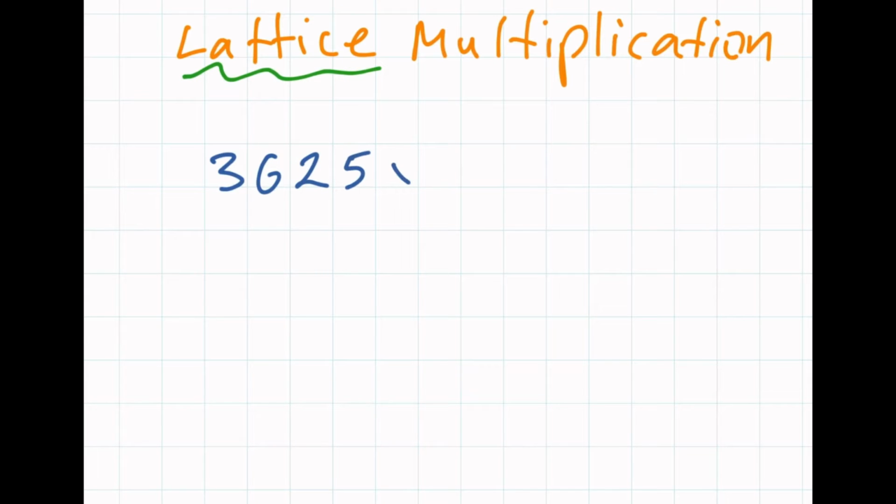Okay, so let's say we have a question like this one. 3,625 multiplied by 6. So instead of doing the traditional algorithm, we're going to put this into a lattice. So I'm going to rewrite this number down here, 3,625 times, and the 6 goes underneath.